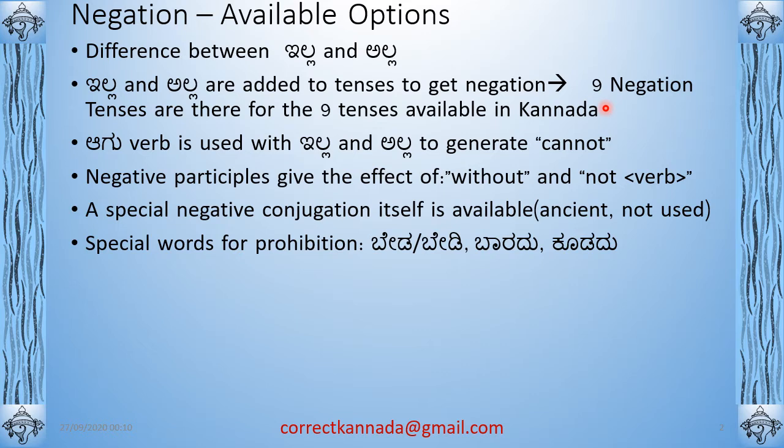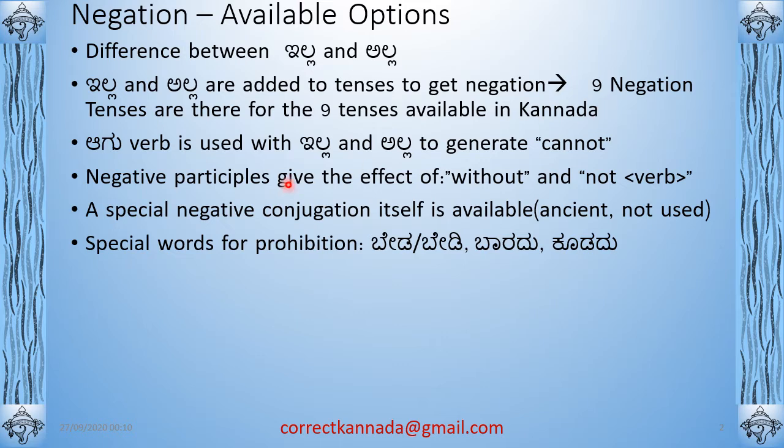Similarly, present continuous tense, present perfect tense, and then past continuous tense, past perfect tense, future continuous tense, and future perfect tense. So for each of these tenses, there is one corresponding negation suffix that you need to add for all person, number, and gender.